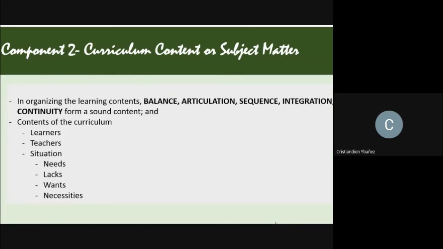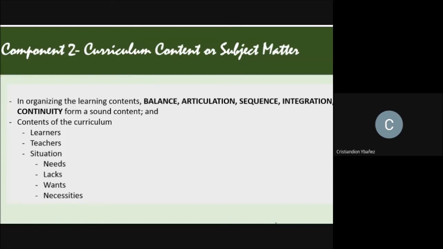So, in organizing the learning contents, balance, articulation, sequence, integration, and continuity form a sound content. Now, what is balance? In organizing your content, it should be fairly distributed among the learning areas or disciplines.